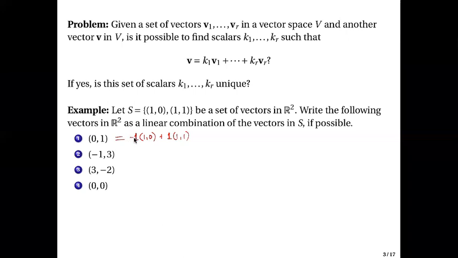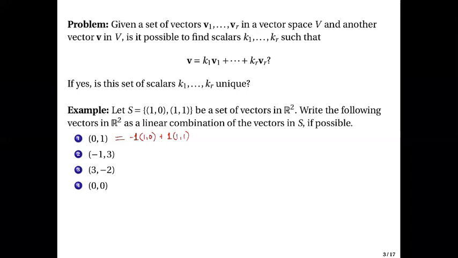Okay, so here you have negative 1 times 1 plus 1 times 1, that's 0, and then negative 1 times 0 plus 1 times 1, that's equal to 1. So this is a linear combination for this vector (0, 1). And right now, I'm going to tell you that there will be no other combinations that will give us (0, 1), but this combination only.